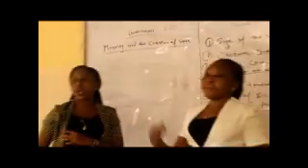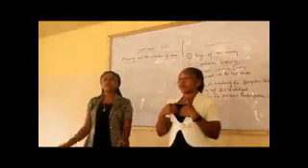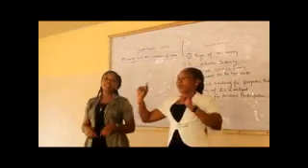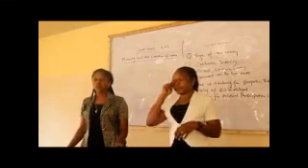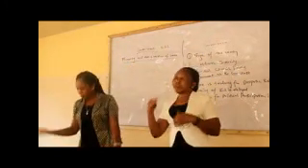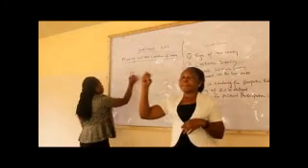Now we all know that Nigeria has about 200 or over 250 ethnic groups in Nigeria. And then these ethnic groups are also divided into 2. We have the major ethnic group and the minor ethnic group. We all know that.